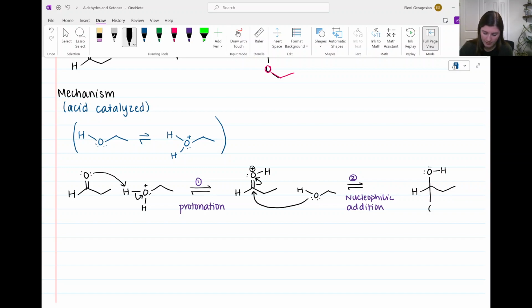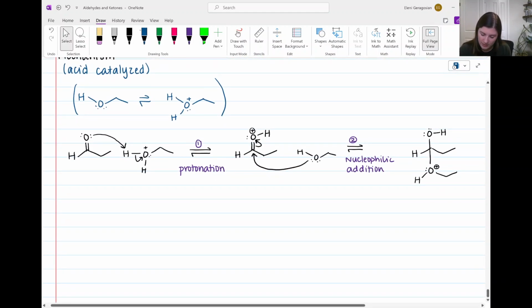And then we have the alcohol bonded to the carbonyl carbon. This alcohol has a positively charged oxygen because now that oxygen has 3 bonds. So our next step is to neutralize that charge through a proton transfer reaction. So step 3, we're going to start working down and then to the left.